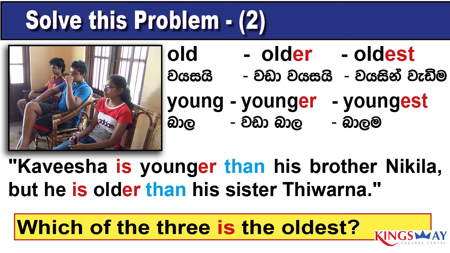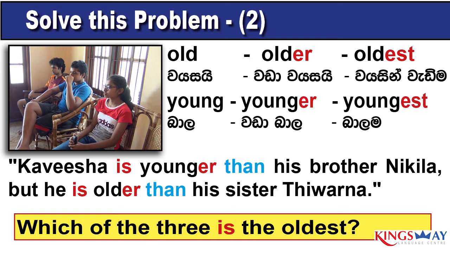Now read the problem and try to find the answer. Kavish is younger than his brother Nikhila, but he is older than his sister Tivarna. Can you understand it? When we compare two people, we use the comparative form.